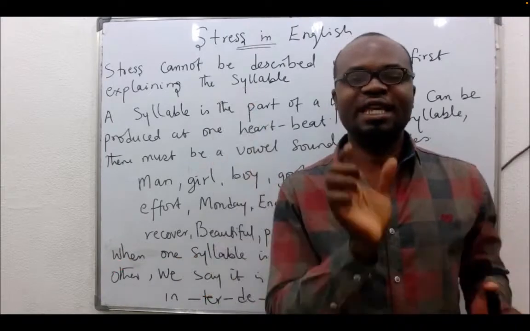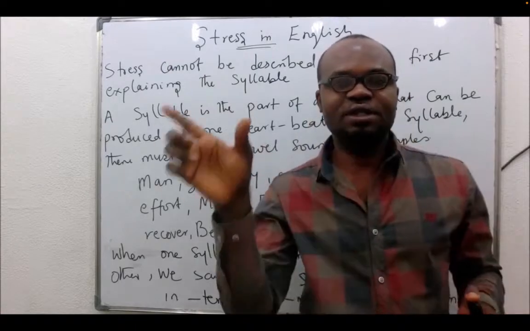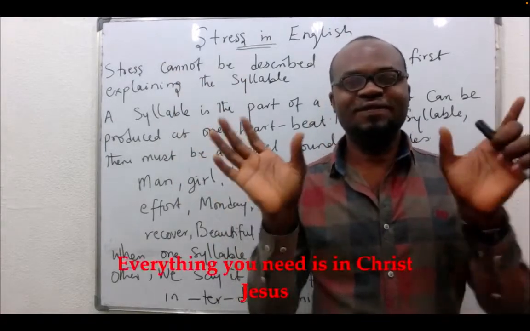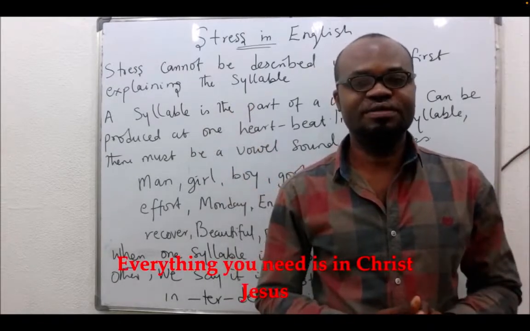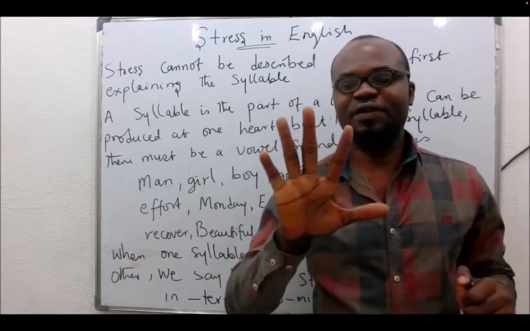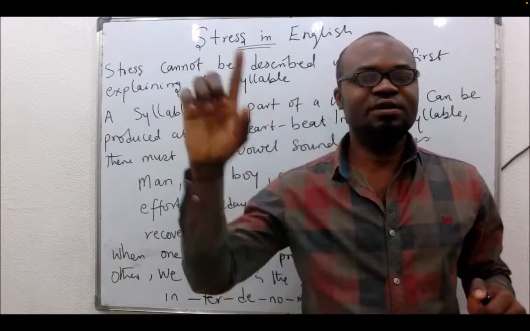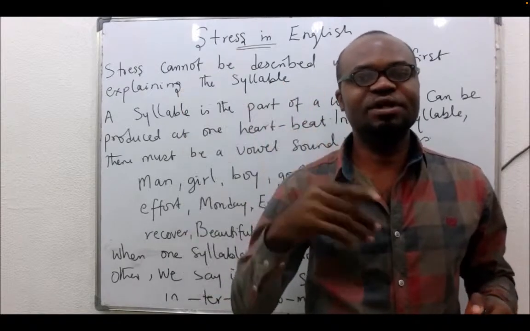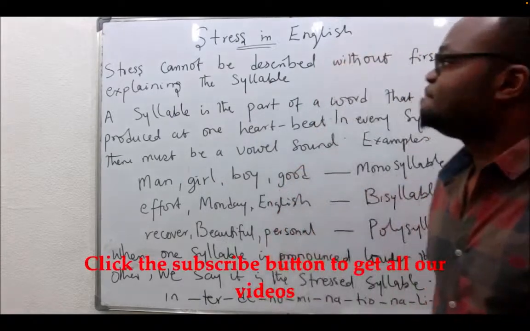When you have a word like effort, one syllable, fort, second syllable. So very, very importantly, you need to know how these pronunciations are done. So syllable is what you have when you have a word. The part of the word that you can pronounce in one single heartbeat or in one single go is a syllable. So we're going to demonstrate this with an example.